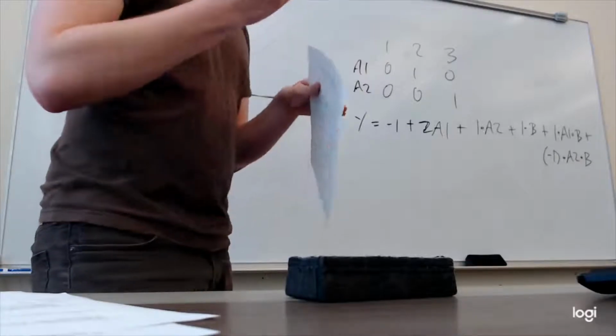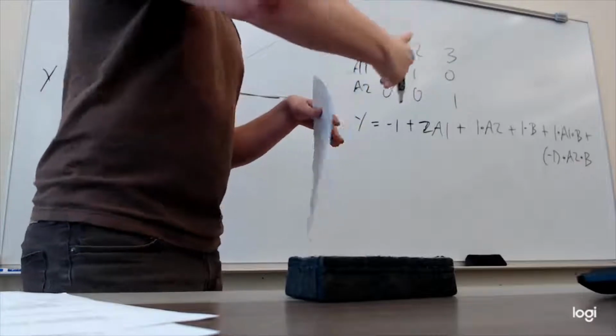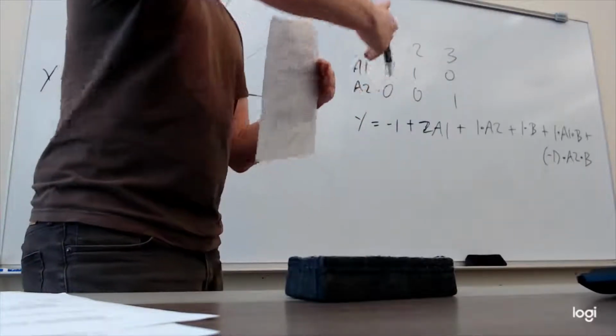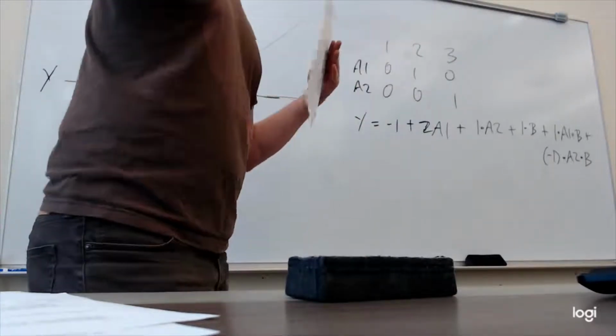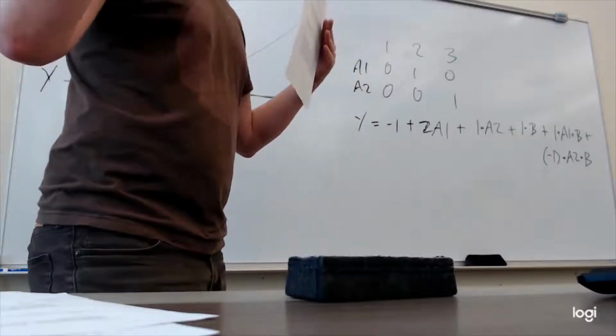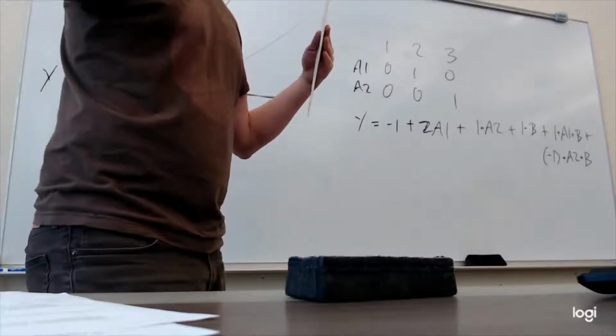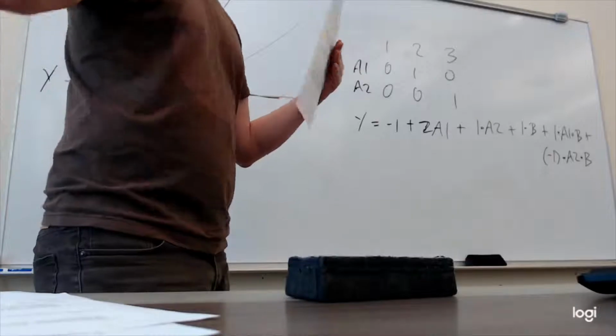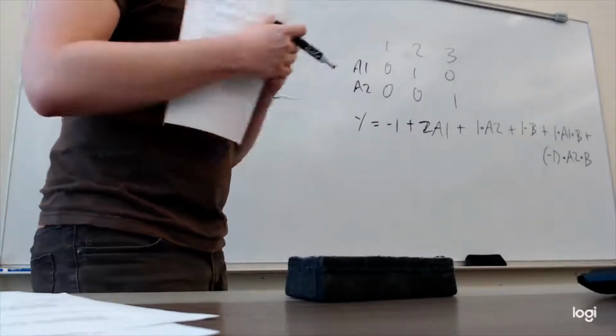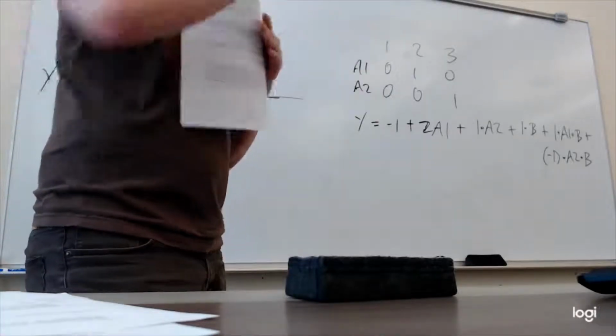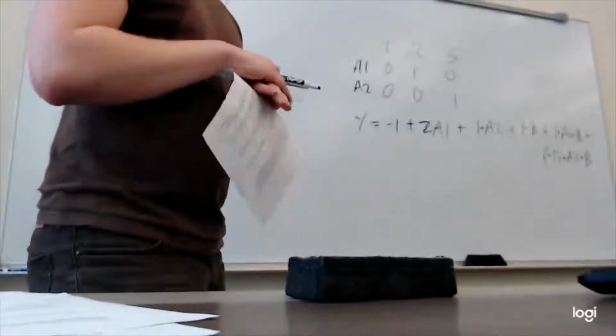I certainly will ask you to go from one representation of the data, like a regression equation, to something else, like a table of means, or maybe a graph to a table of means, or maybe a graph to a regression equation. I do want you to be able to make those connections.